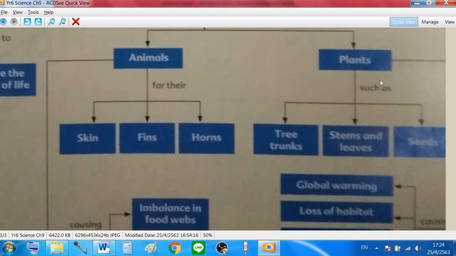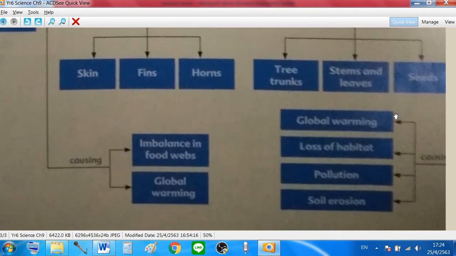And for plants, we have tree trunks, stems and leaves, and seeds. We use the tree trunks for construction, and stems and leaves and seeds for medicines or food or clothing. And when we use these parts of plants, it causes or contributes to global warming, loss of habitat for animals that rely on those trees that we have cut down.